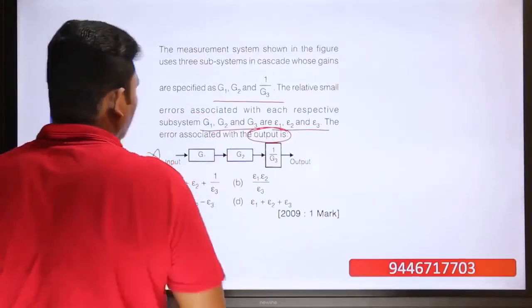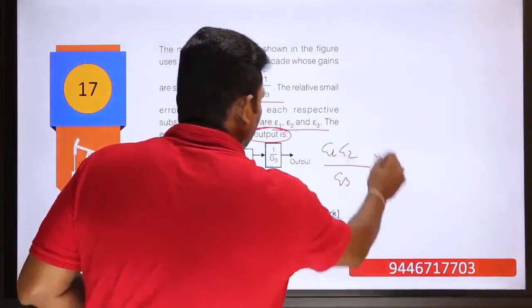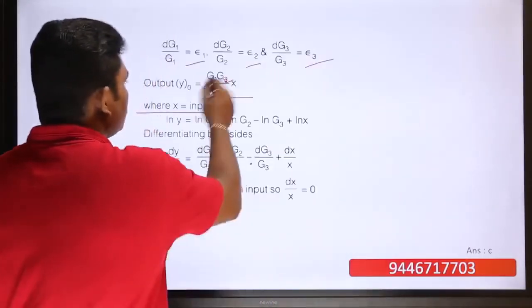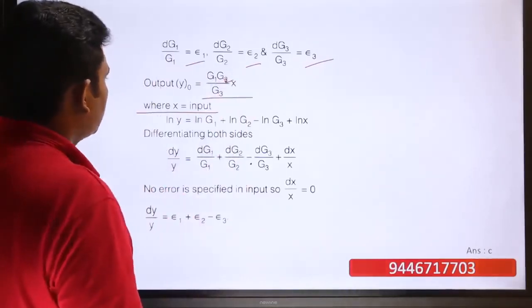So if X is your input, then the total output will be G1, G2 divided by G3 into X.